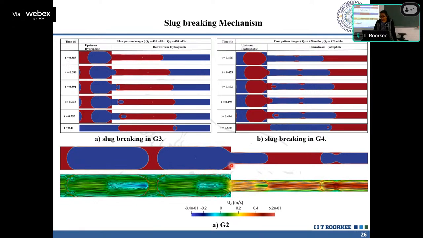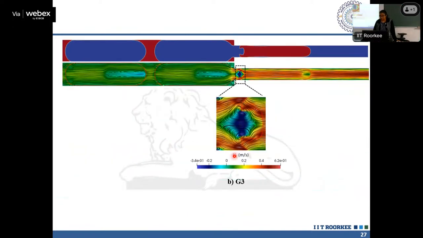Also, what we have seen, let me see, yes, this one. When they encounter a sudden change in the area, there is a formation of a stagnant regime. Okay, so there is a stagnant and recirculatory regime observed here. This is the phase contour and this is the velocity contour. So uz is the dominating velocity in this direction.